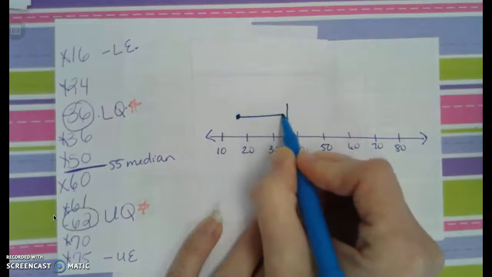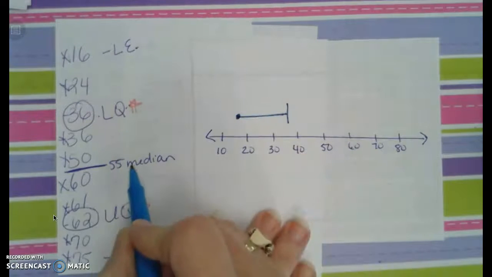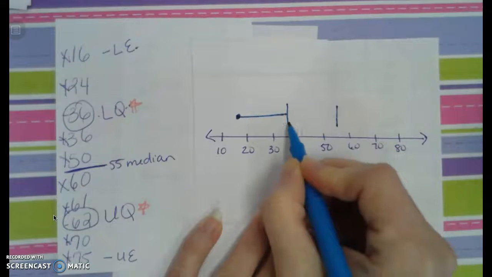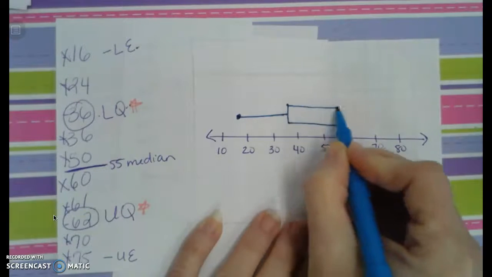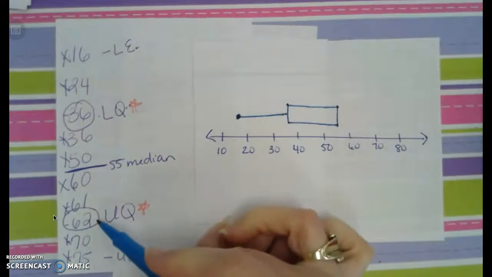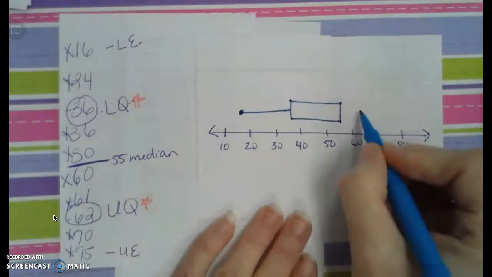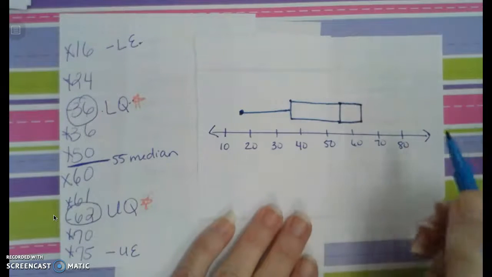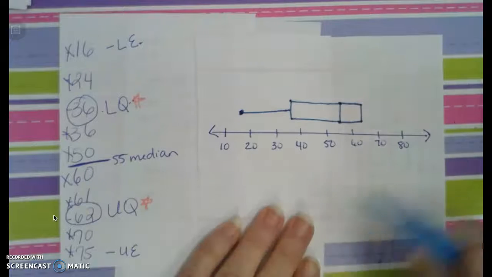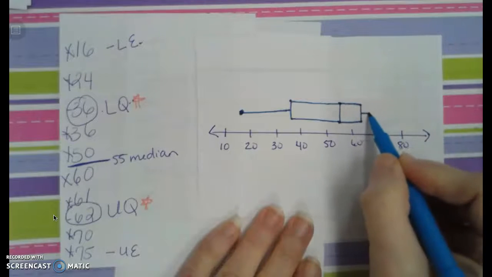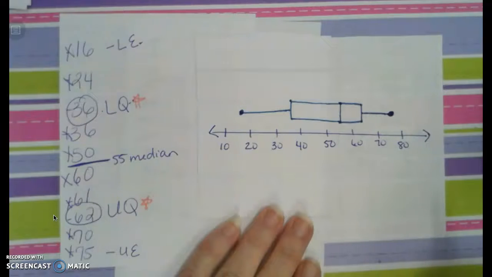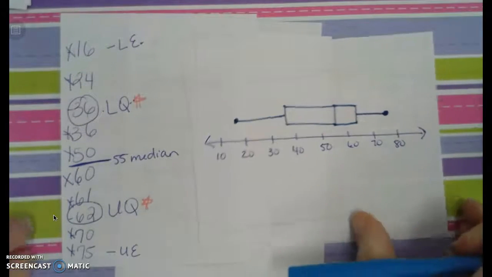We're going to connect. Then the median is at 55. So I'm going to go in between 50 and 60. Then my upper quartile is 62, so go just past that 60. And then my upper extreme is 75, so I'm going to put a dot in between 70 and 80. So there's my box and whisker for that data.